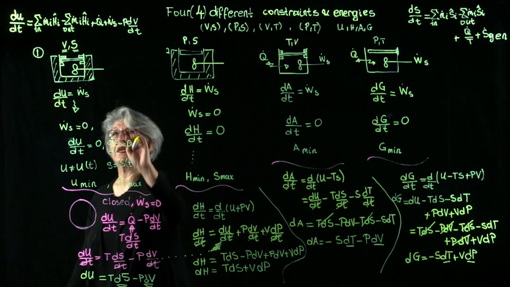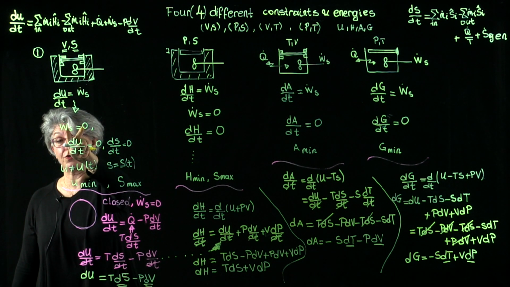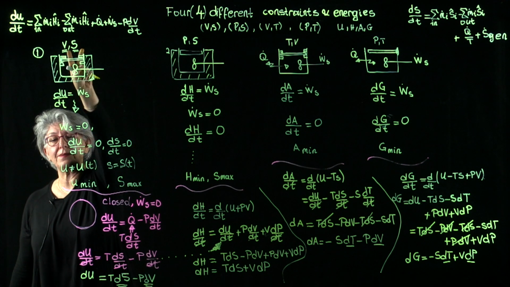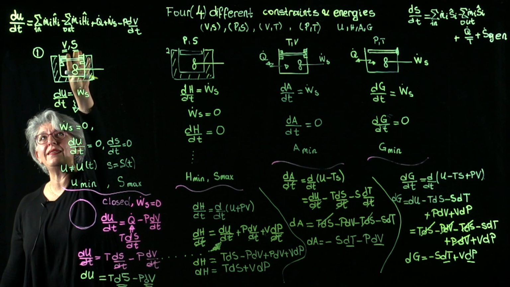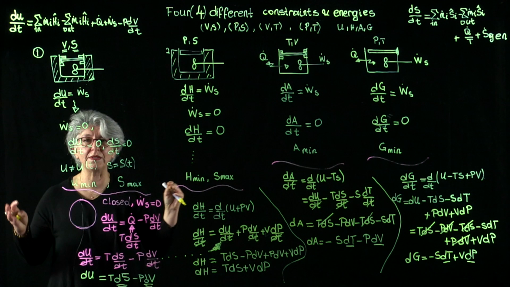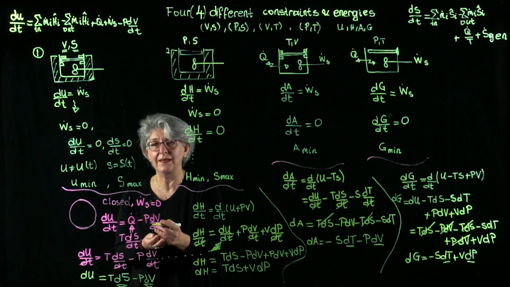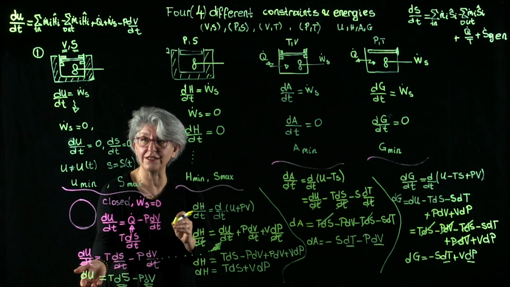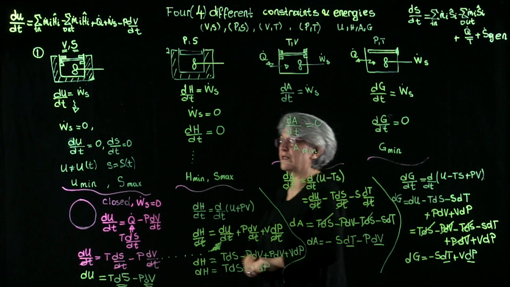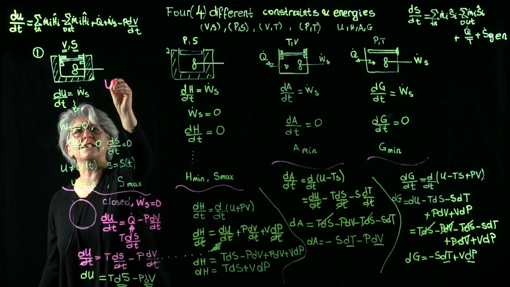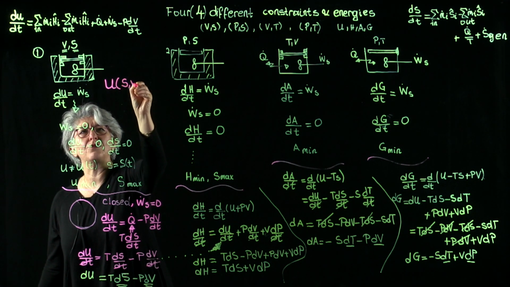So now these constraints that allowed us to determine the shaft work, or to obtain the minimum energy, are actually the independent variables that we use in the thermodynamic landscape, along with their corresponding energies. I'm going to write, maybe in a different color, to emphasize that internal energy is a function of entropy and volume.